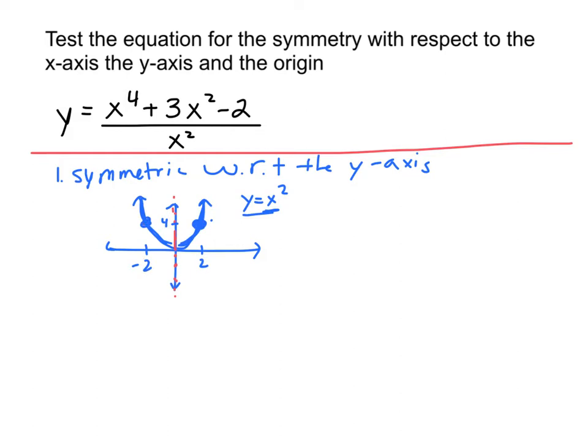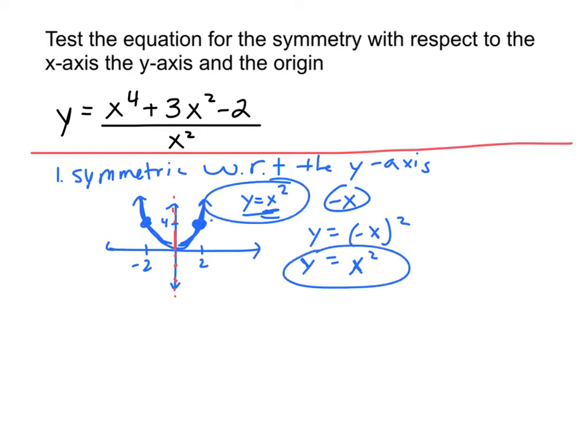So the way you test for symmetry about the y-axis is that you plug in negative x, the negative version. In this case we would have y equals negative x squared, and you see if this is the same as with just x. If the negative goes away, then this is the same as this. Why? Because the negative canceled when you squared it.